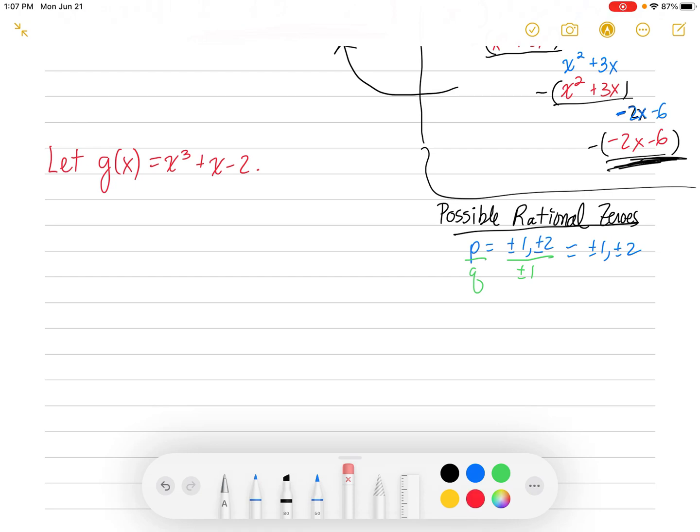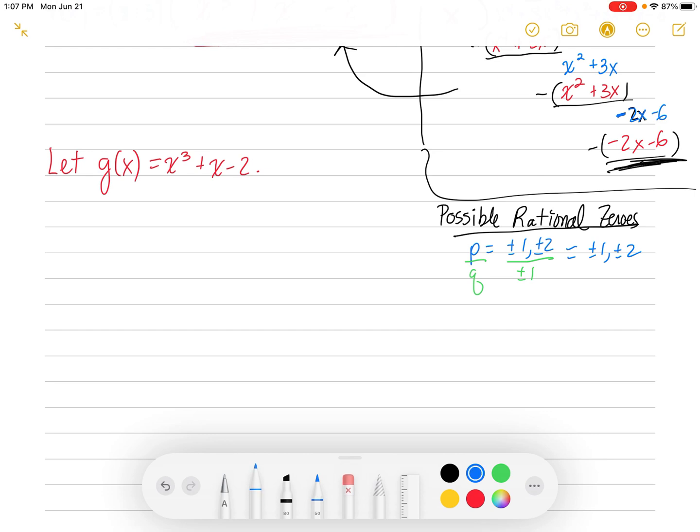So I've already tested this out. What did I try here? I tried 1. 1 works out nicely. So we're going to try 1. So g of 1, we're going to plug in 1 here. Let's plug in 1 for x.